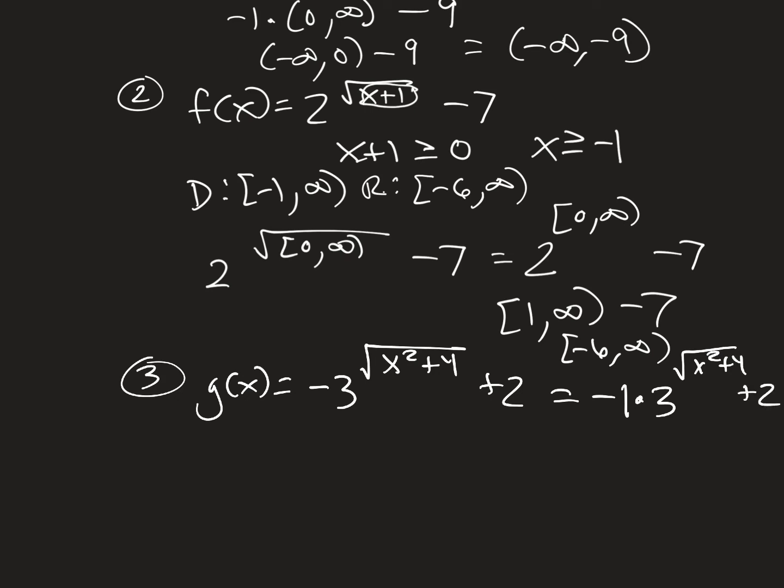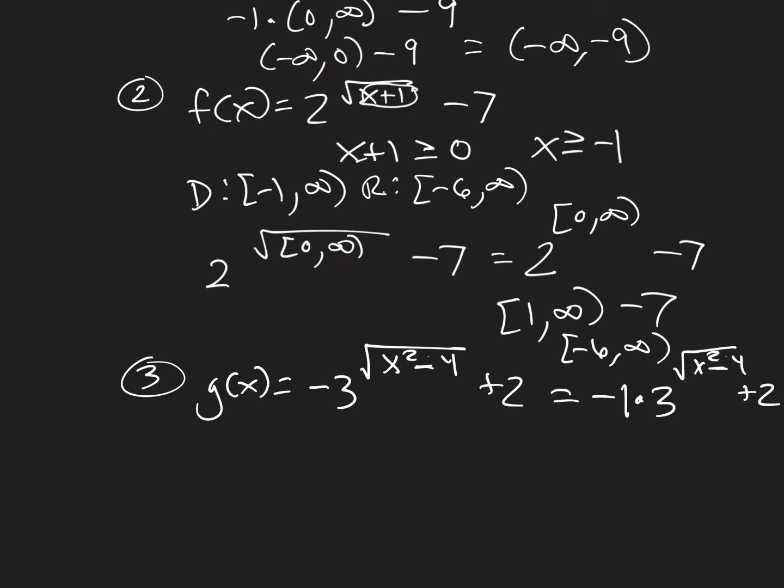Actually, you know what, I'm going to change it to make it a little bit more interesting. Let's make it x squared minus 4. X squared plus 4 is less interesting.